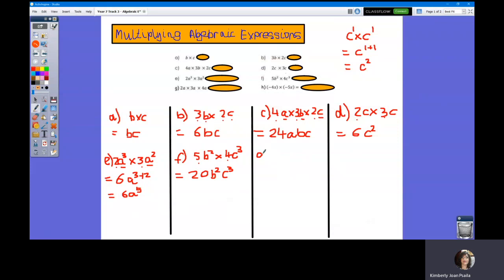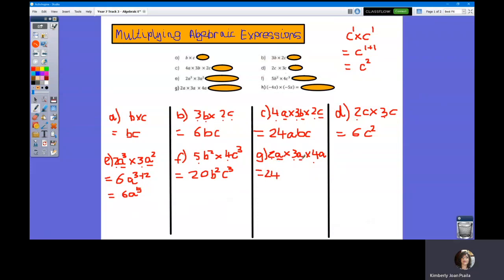So G, you have 2a times 3a times 4a. 2 times 3 gives us 6, 6 times 4 gives us 24.